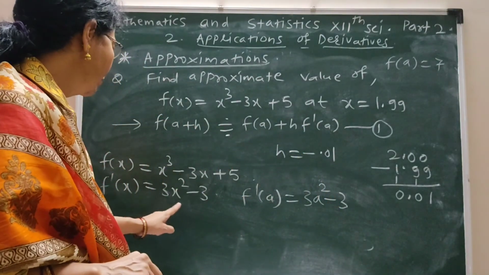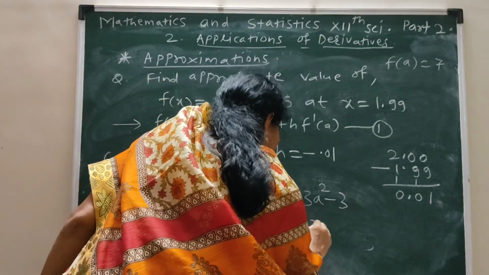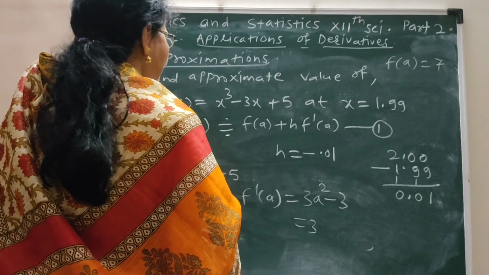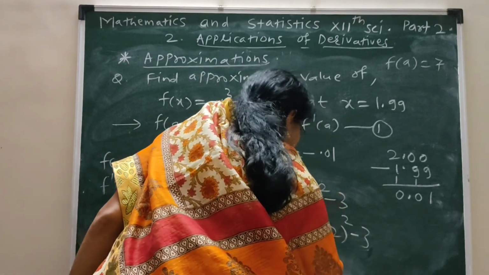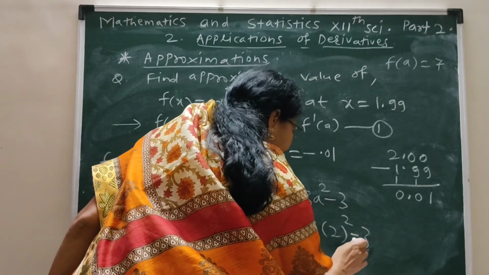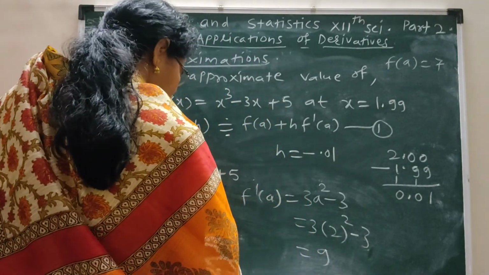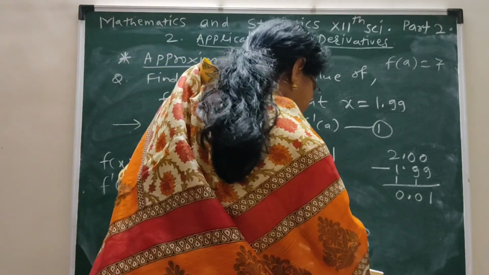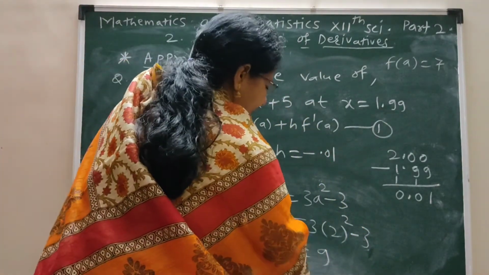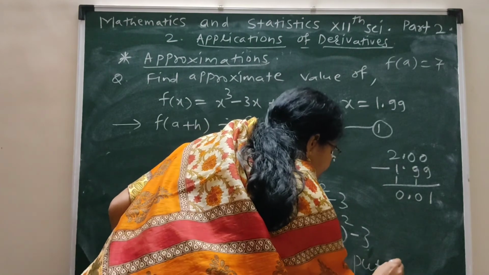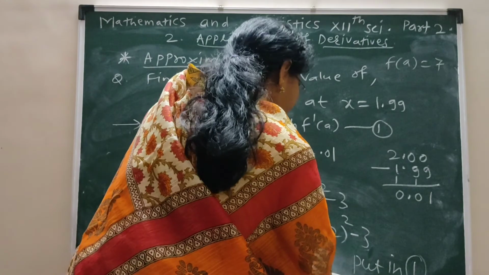With a as 2, it is 3 times 4, 12, minus 3, which is 9. So f dash a is 9. Put all these values in equation 1.